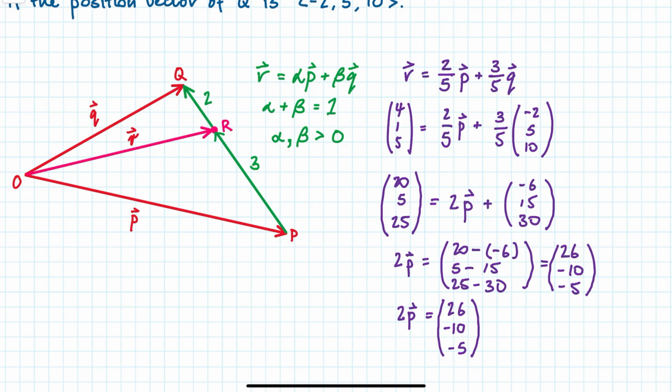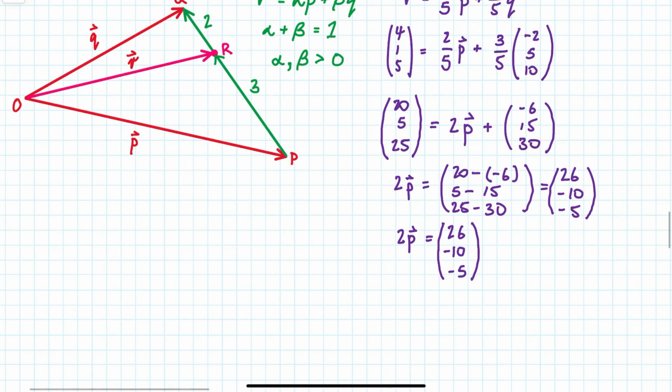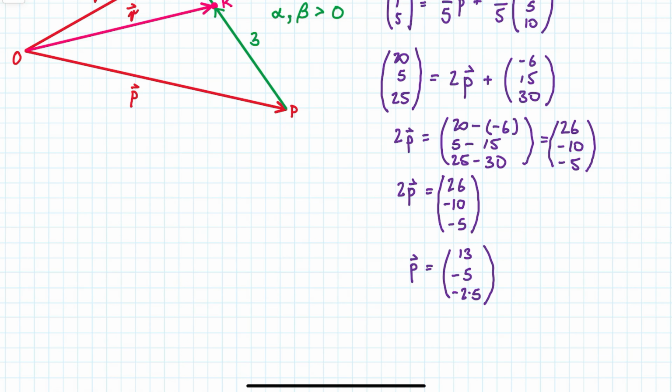From here, we'll divide both sides by 2 to get P equal to (13, -5, -2.5), which gives us our final position vector of P.